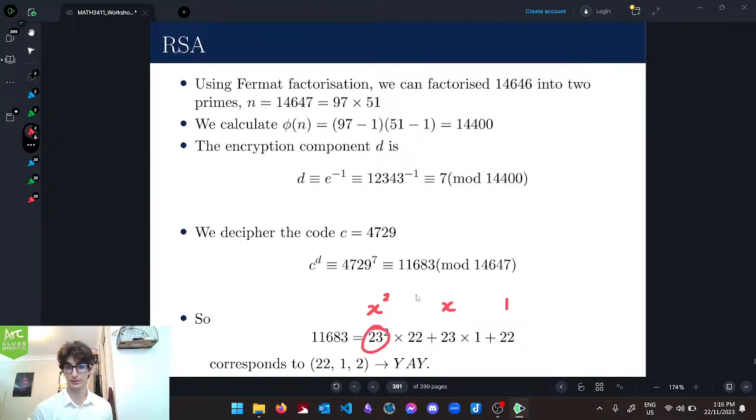It's very important that these powers, these x's, were chosen to be greater than any coefficient, so that they can be uniquely captured as this polynomial method.